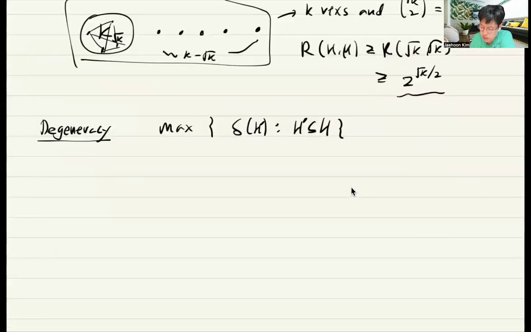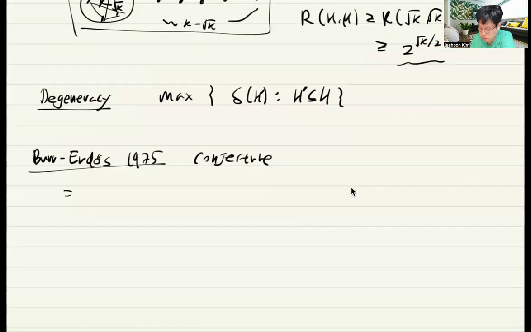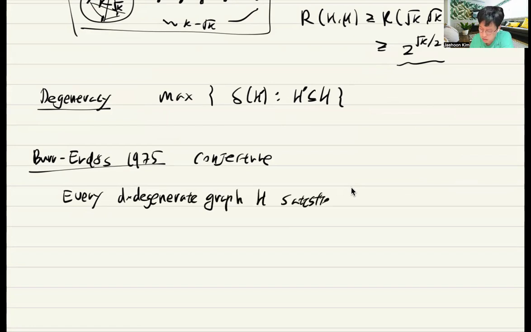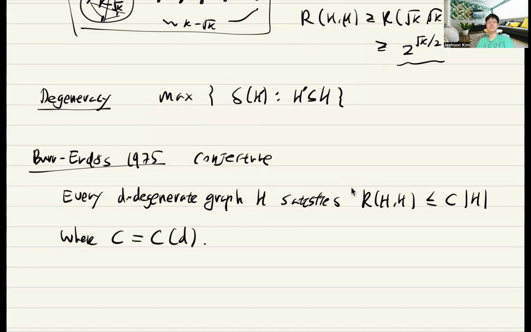Actually, Burr and Erdős in 1975 conjectured that every d-degenerate graph H satisfies R(H, H) at most some constant times the number of vertices in H, where this constant C only depends on d.